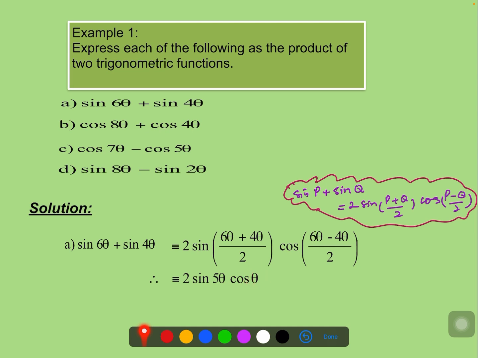So you can see that sine 6 theta plus sine 4 theta has become the product of two trigonometric functions.